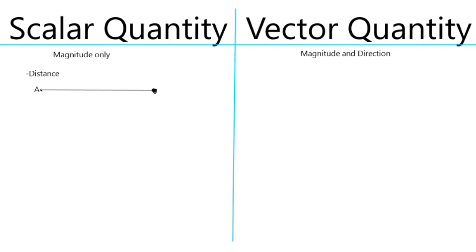So just a segment from A to B, and the distance from A to B is 4 meters.